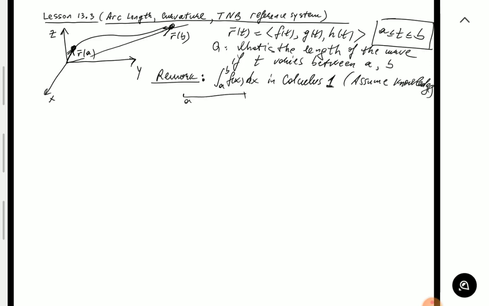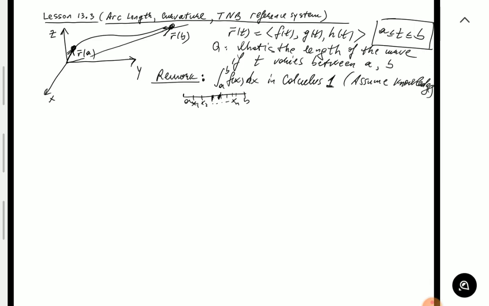But remember, the whole idea is to actually partition the domain to create what is called a Riemann sum, and then basically evaluate either the function or something related to that function at intermediate points on this partition.